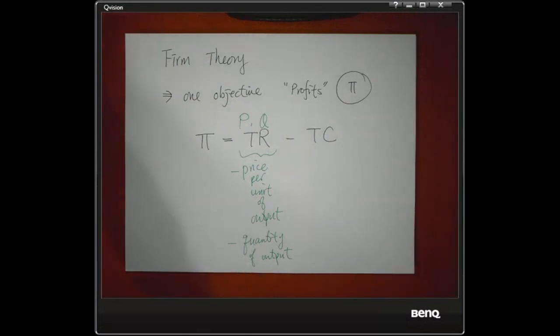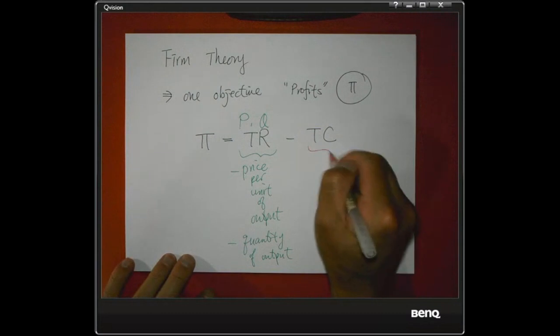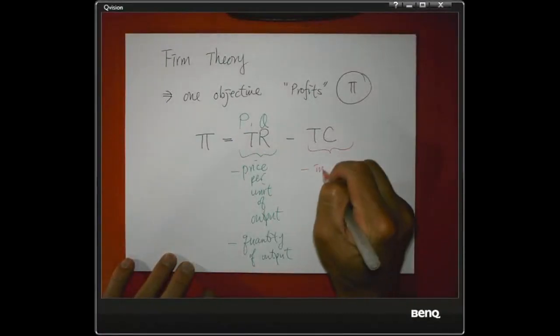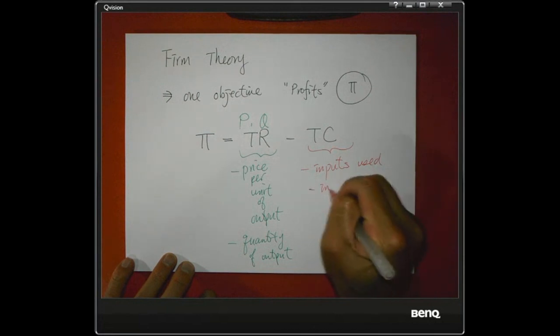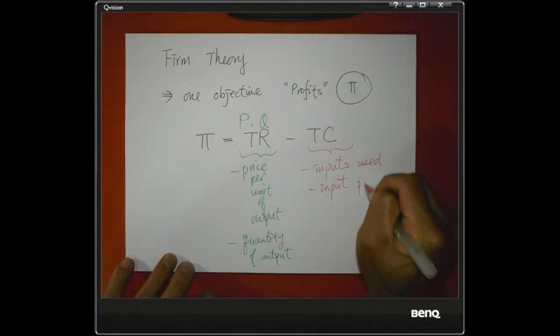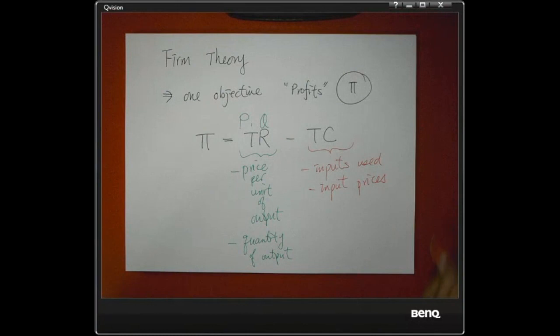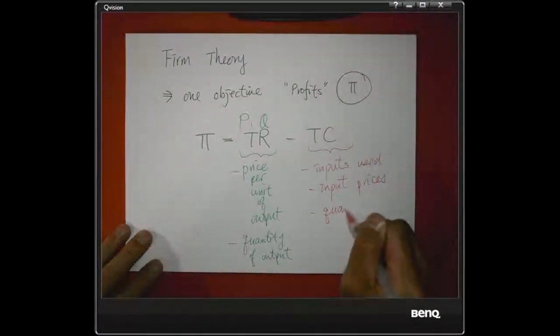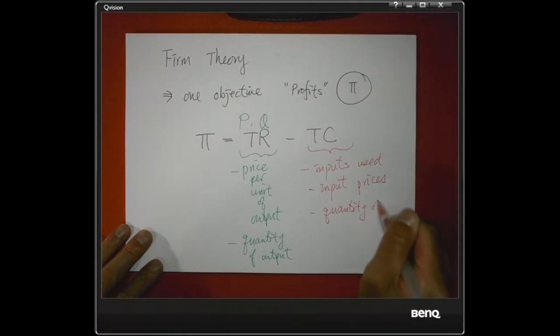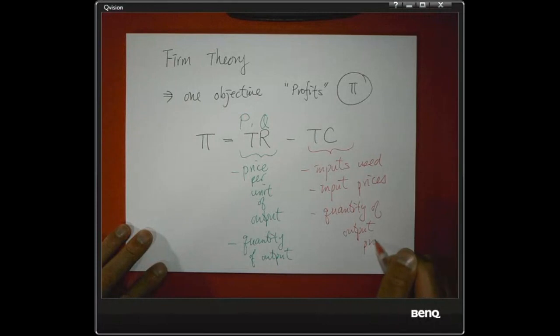And total cost depends on input used and input prices. That is, how much it costs to get the input and how much input you use to produce the output, and the quantity of output produced.